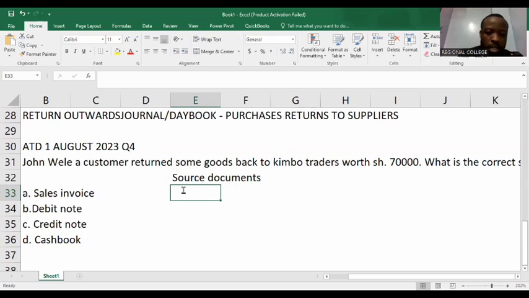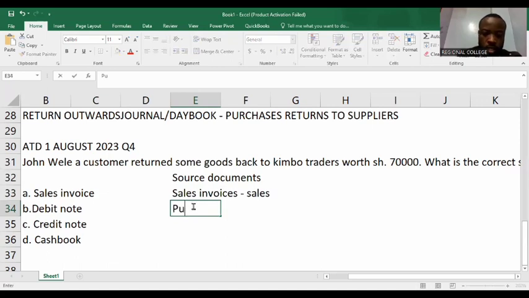So we have the sales invoices, and these normally record sales, whether on cash or on credit. Then you have purchases invoices. This one is always for purchases.